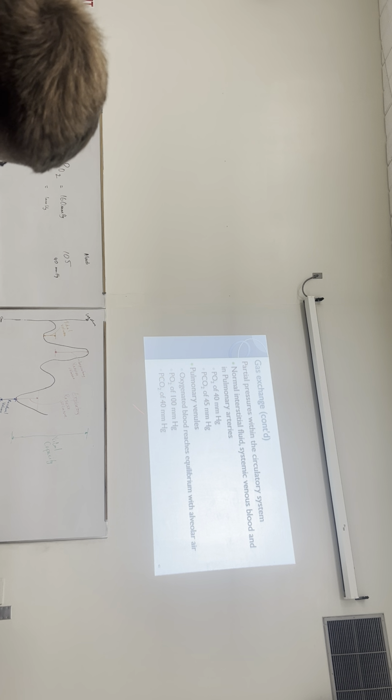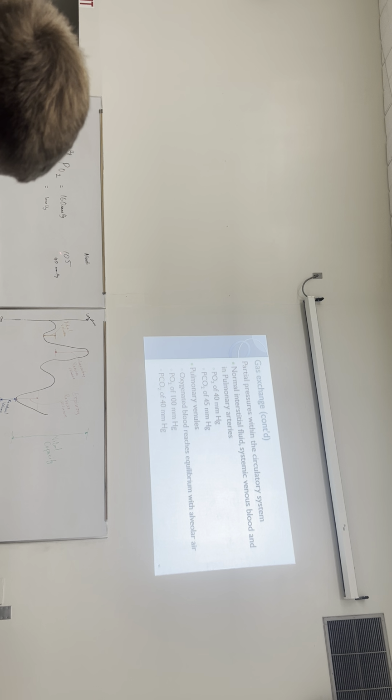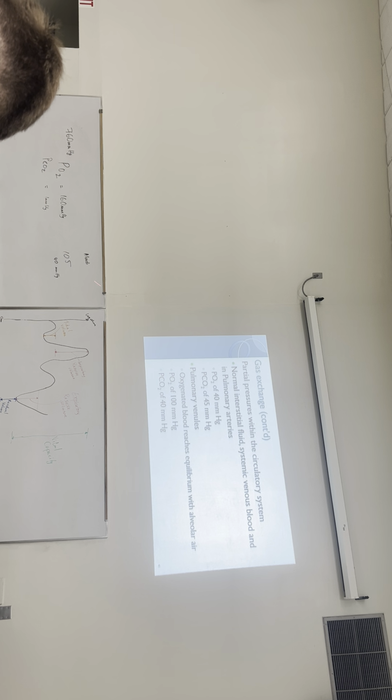So this 45 will go down to this area where there's less, whereas oxygen will come from our alveoli into this area. Okay? So here, because of the timing, it doesn't get up to 105, it stops at 100. Okay? But the CO2 does drop to pretty much the same as the alveolus.